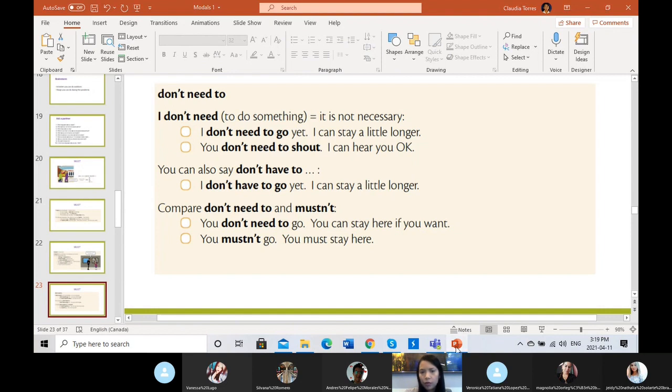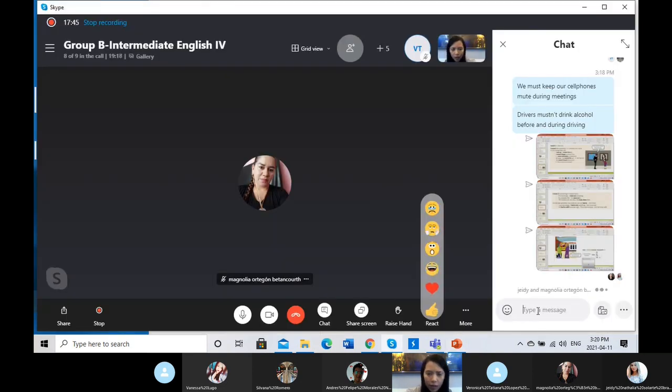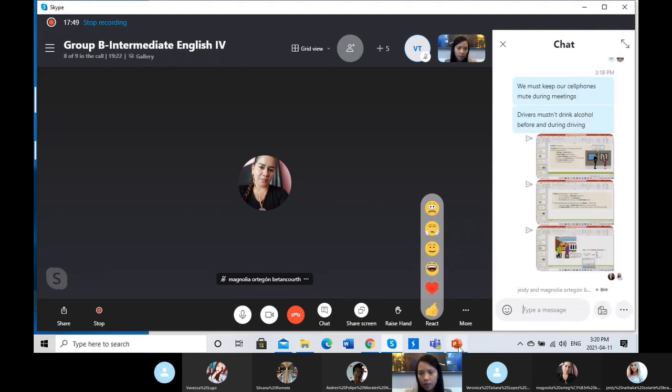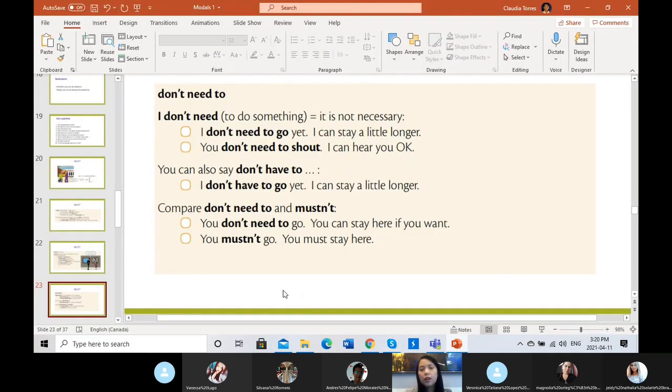Now we're gonna talk about another use of this modal verb. Sometimes you can use it to say that something is not necessary to do. Now pay attention. Here we have don't need to. I don't need to, so it is not necessary to do it.